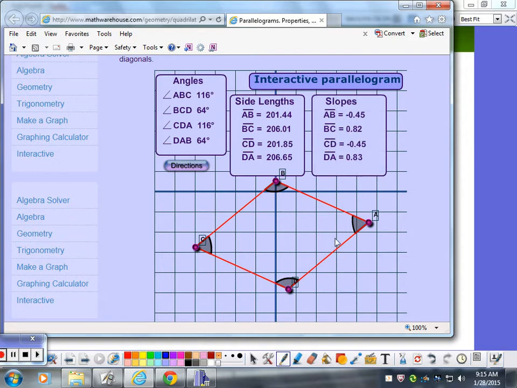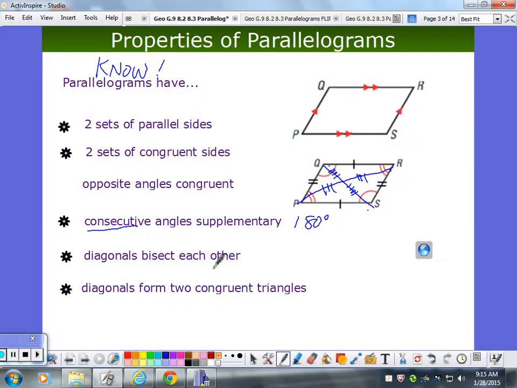If one had to prove perhaps that a figure was a parallelogram, you can show that the opposite sides have the same slope, therefore they would be parallel. So that's what this little figure is showing us, so many of these characteristics in one picture. It's a lot of stuff to remember. Nothing difficult, but just a lot to remember.